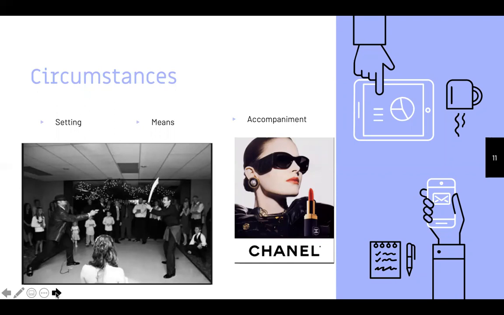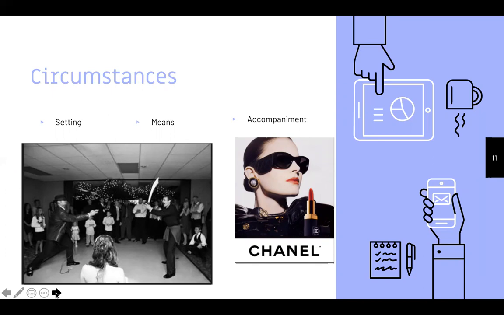For example, in the first image on the left, we can see that this is a narrative process because there is a vector line which is formed by the eye contact by the two participants and other participants, the viewers, towards the main actors. And then the circumstance is the setting. It is in the hall. They are having, I think, a celebration or festival.